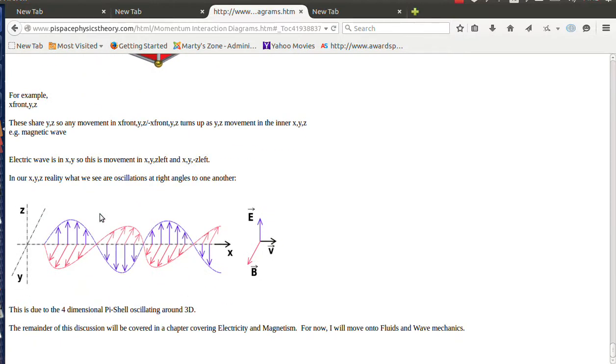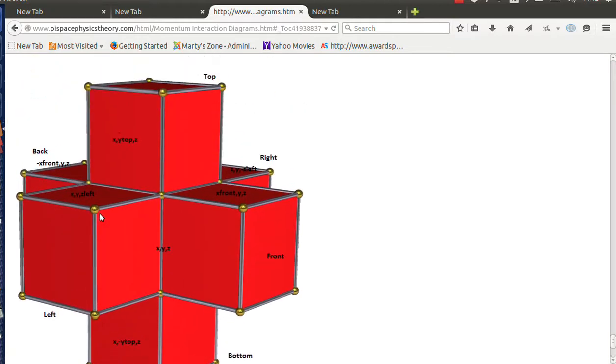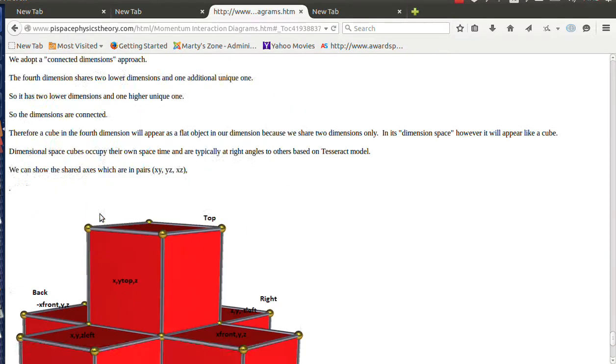That's the core idea of electromagnetism in pi space, and I think it's a pretty unique approach. It's pretty much unique to pi space.